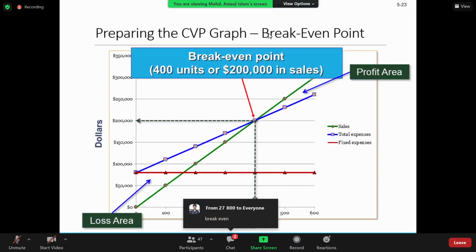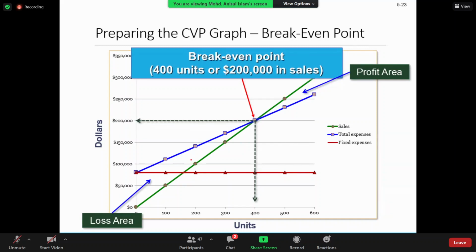So this is a basic understanding from your microeconomics, if I'm not wrong. So you see that before reaching the 400 units of break-even, we are incurring loss, and if we exceed the 400 units of break-even sales, we look at the profit. Okay.